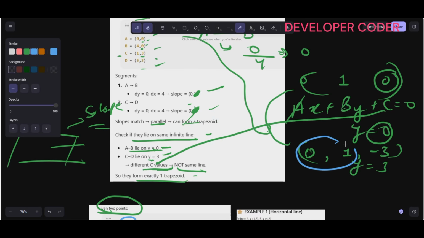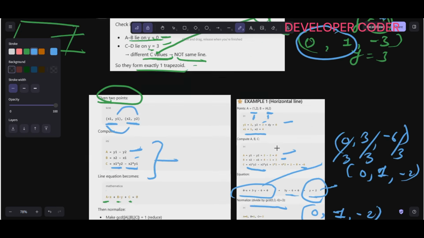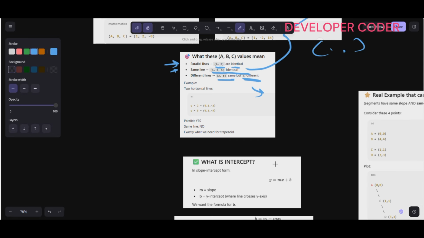In these two things a and b are the same but c is different, that simply means different lines. If everything is the same, that simply means both the lines exist on the same line. So this is actually what we are doing here. Lot of maths actually.